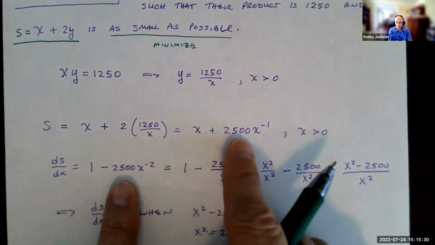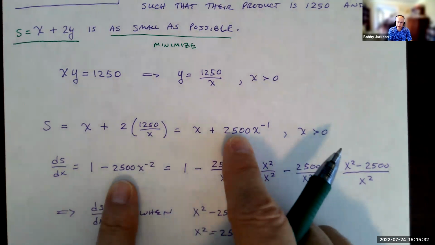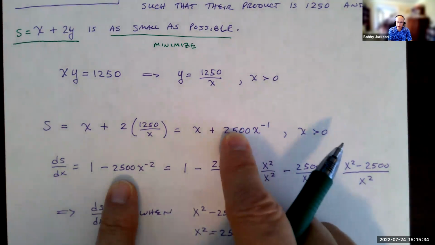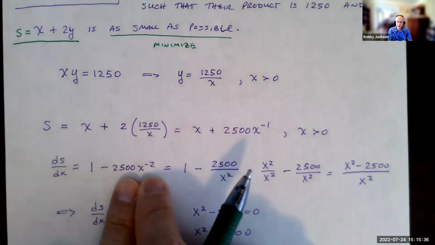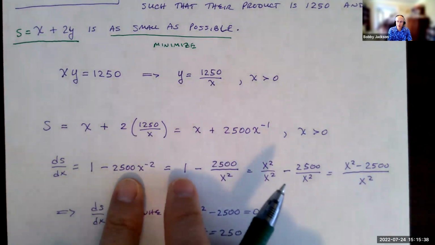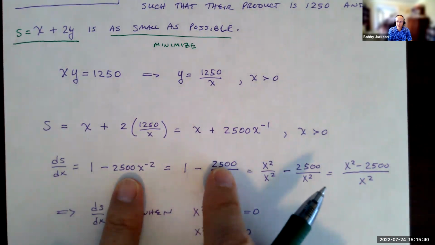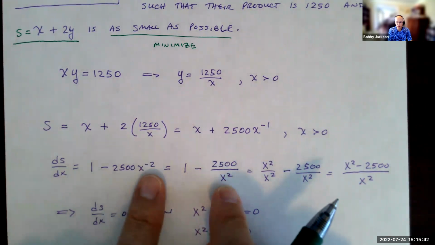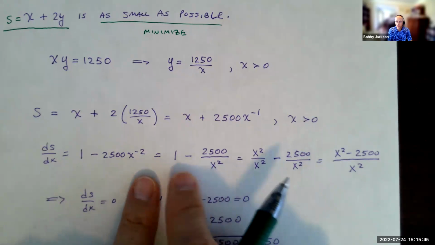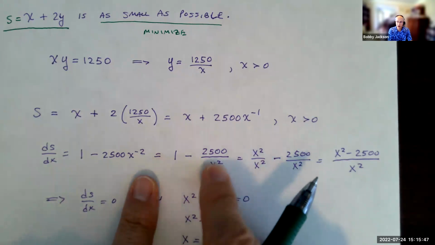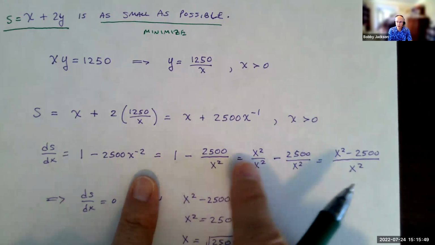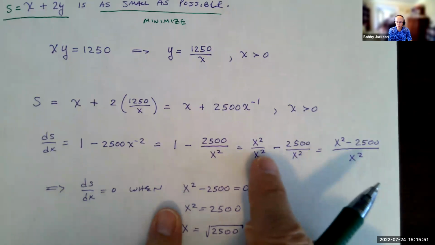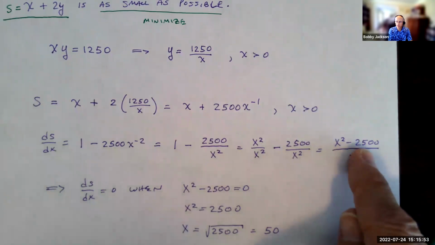Okay, so we take the derivative of this function. Derivative of x is 1. Here, 2500 is a constant multiple. Power rule, bring the negative 1 down, subtract 1, we get this. And I can rewrite this as 1 minus 2500 divided by x squared, right? x to the negative 2 is 1 divided by x squared. So I want to write this all over one common denominator. 1 is equal to x squared over x squared. So now I can subtract: x squared minus 2500 over x squared.